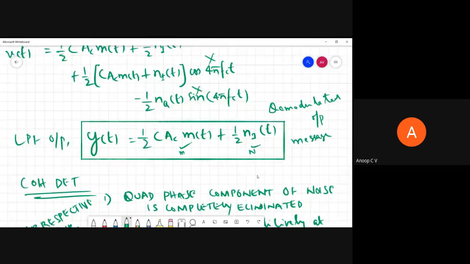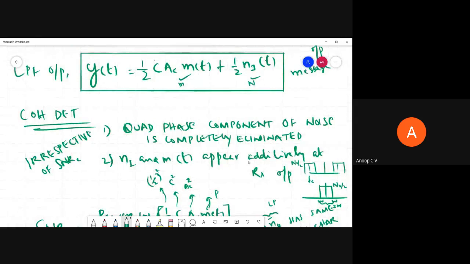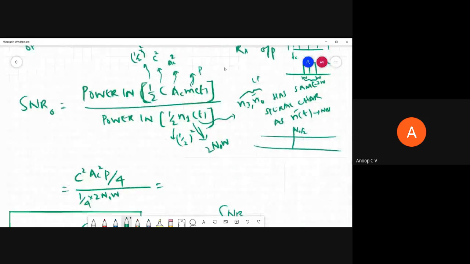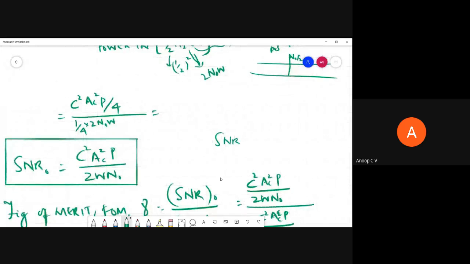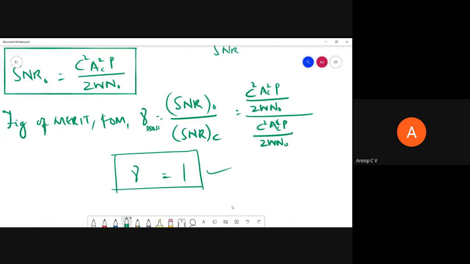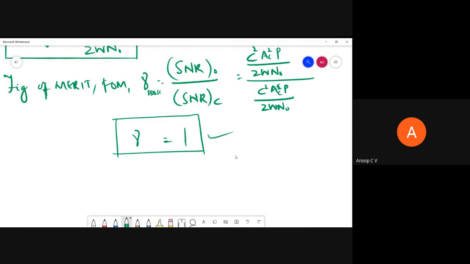But the problem with standard AM is that we are redundantly transmitting the carrier power, so the carrier is not suppressed. Carrier power is redundantly being transmitted for the sake of simplicity of the transmitter and receiver. So that's what we're going to do next.